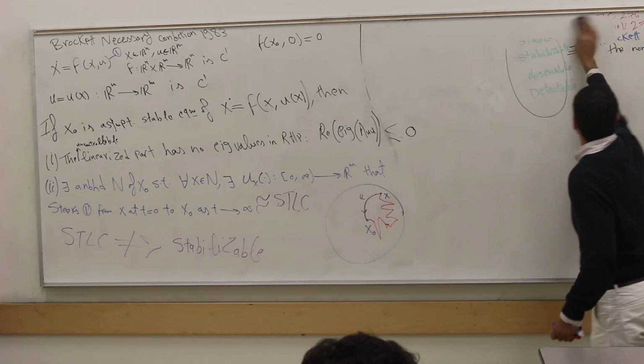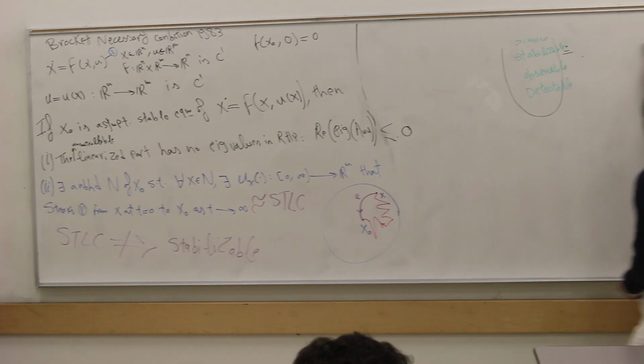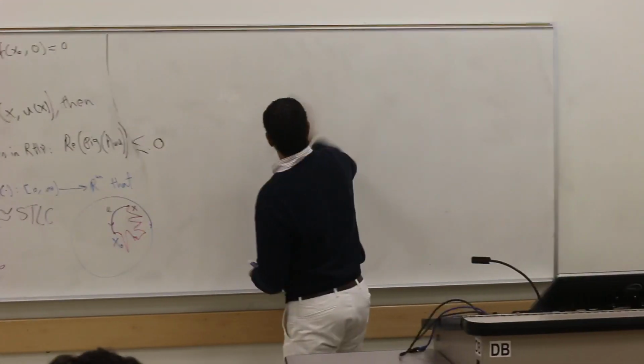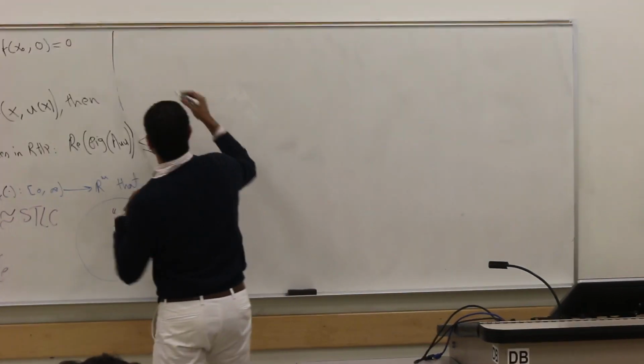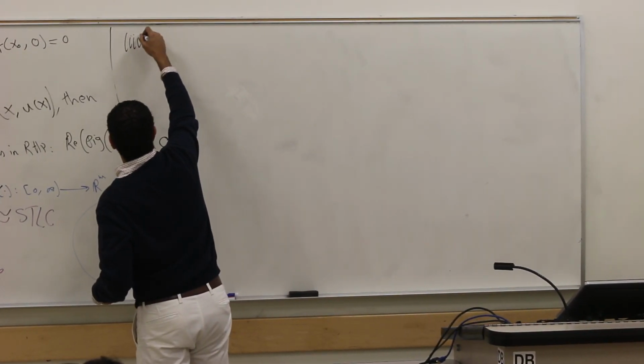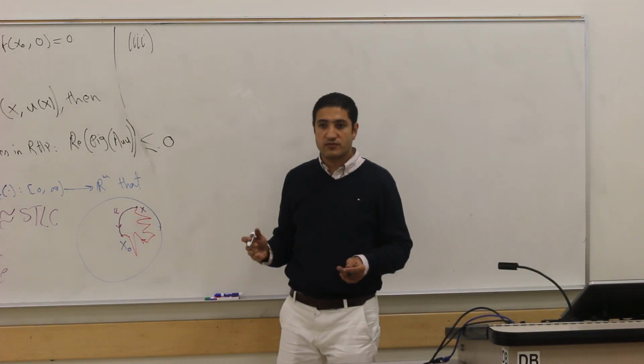Okay? And now I'm about to state the meat of the Brockett necessary condition. Some people, when they refer to the Brockett necessary condition, they refer to number 3. Any questions so far? These are obvious requirements for sure. Any questions so far?